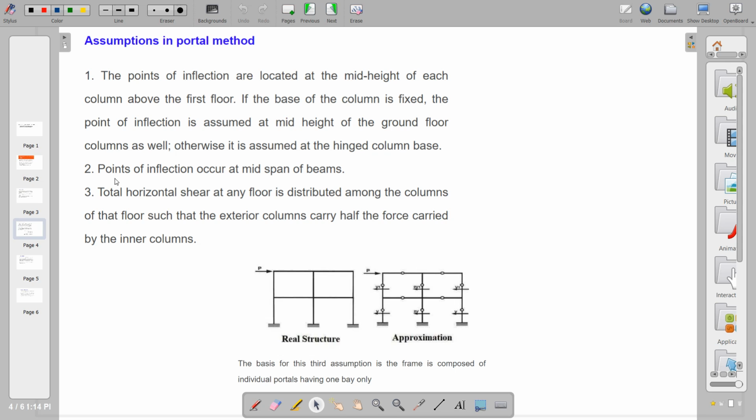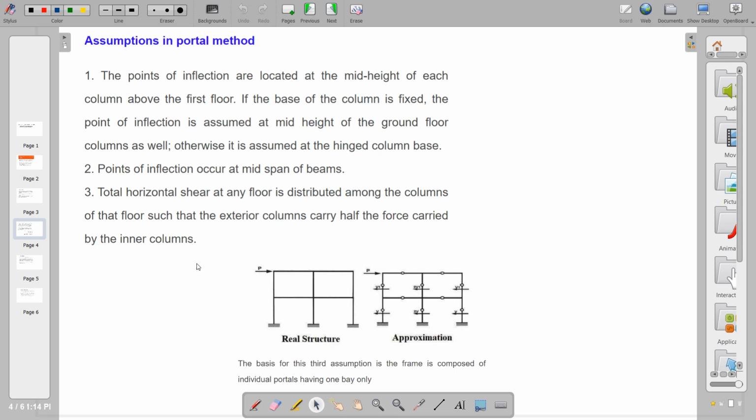So secondly, the points of inflection occur at the mid-span of the beams. And then number three, the total horizontal shear at any floor is distributed among the columns of that floor such that the exterior columns carry half the force carried by the inner columns.